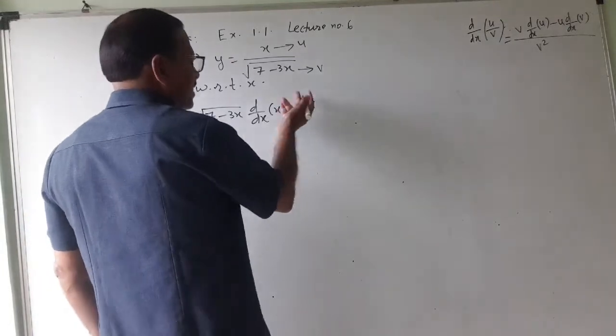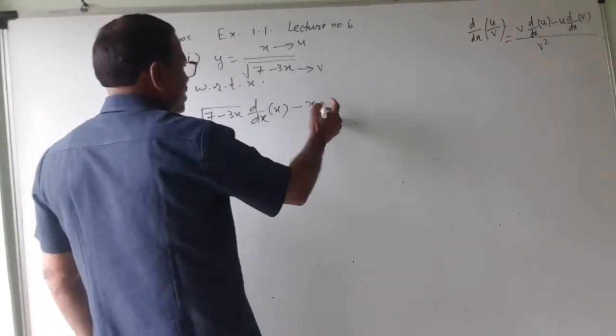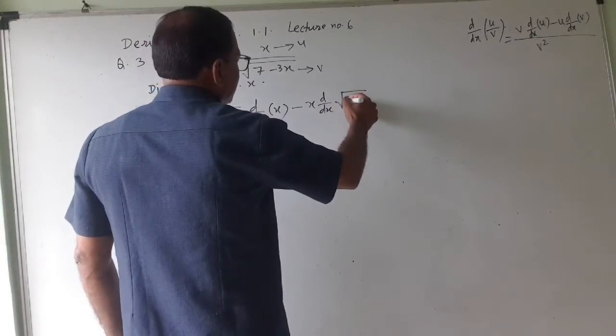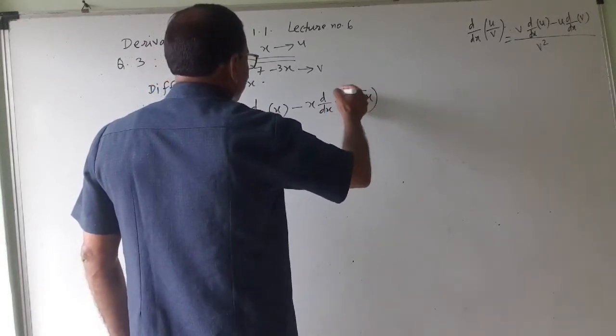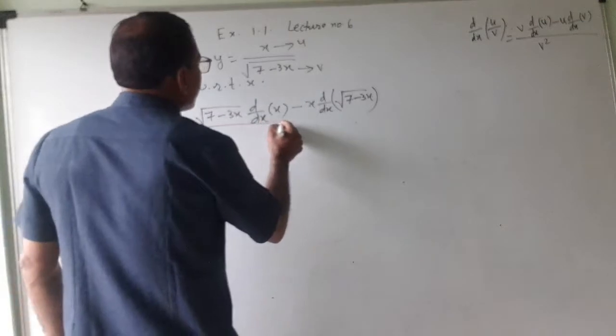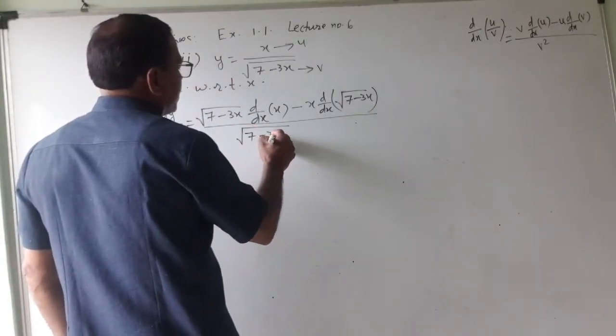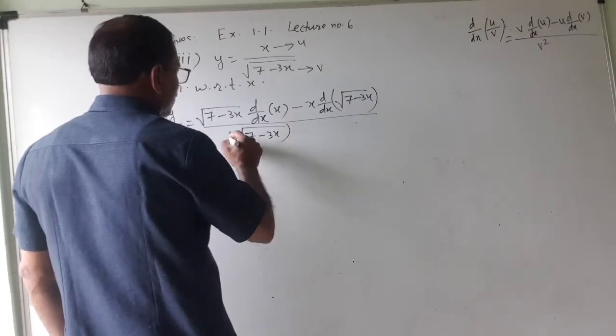Now x will be sitting behind, take him on the chair, d by dx of root of 7 minus 3x, upon v square, which is 7 minus 3x its square.